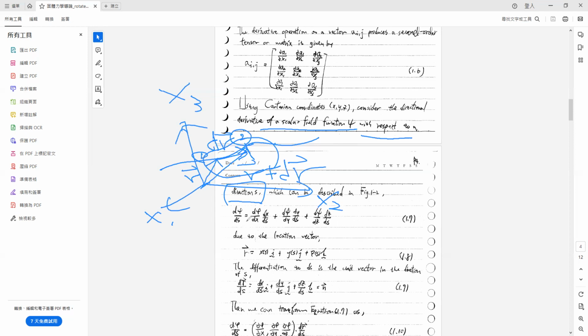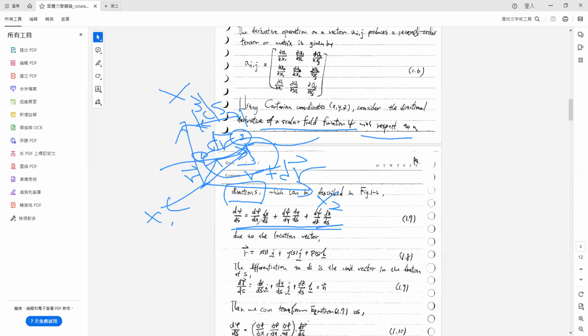And so we need to talk about the distance. The distance of the difference is ds. And the derivative of the scalar field with respect to s, for first order, can be developed with a differential series like this.